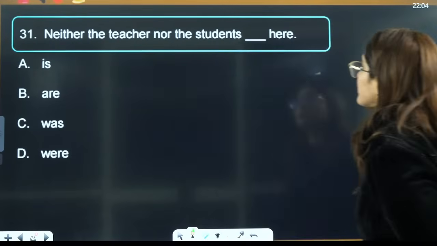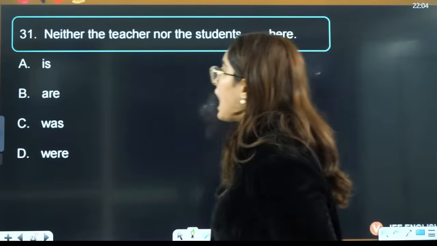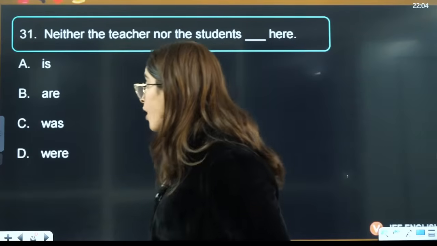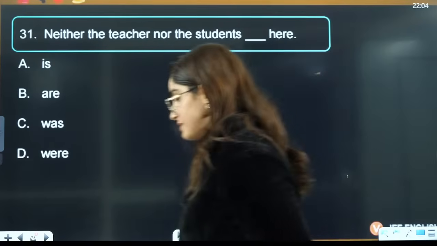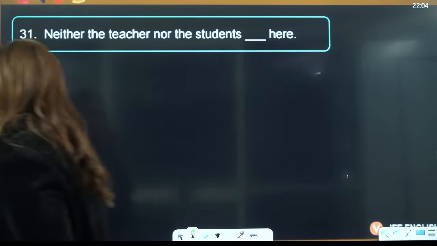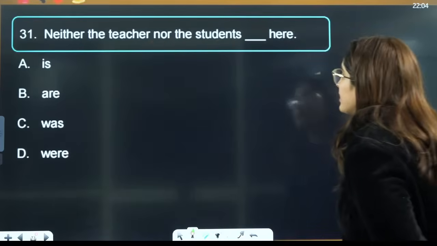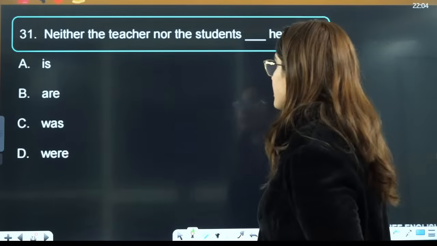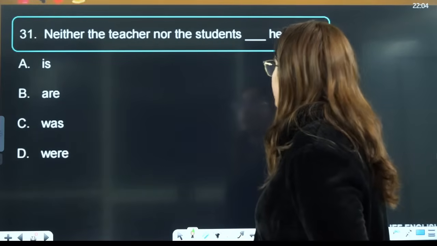So next is: neither the teacher nor the students was, were, are, or is. Now this you can tell easily. In the case of synonyms and antonyms, sometimes you can get confused, but others you can answer. Neither the teacher nor the students were here.